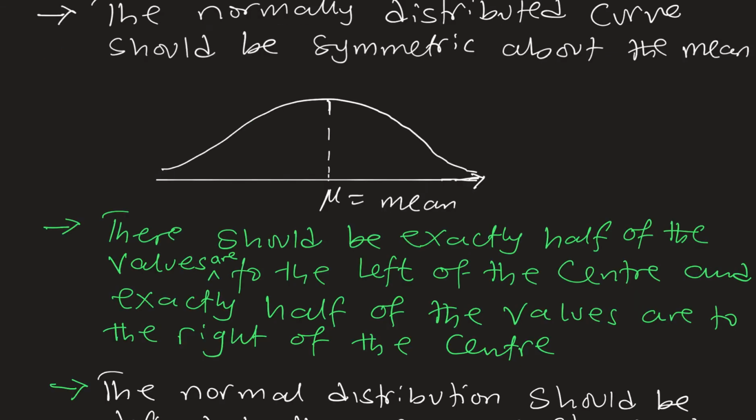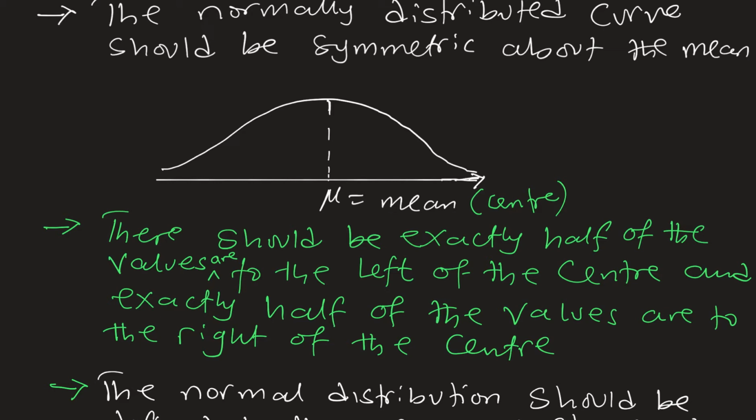Also, the normally distributed curve should be symmetric about the mean. So the mean is at the center. There should be exactly half of the values at the left of the curve and exactly half of the values at the right of the curve.